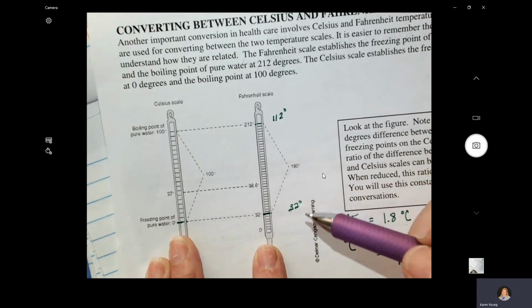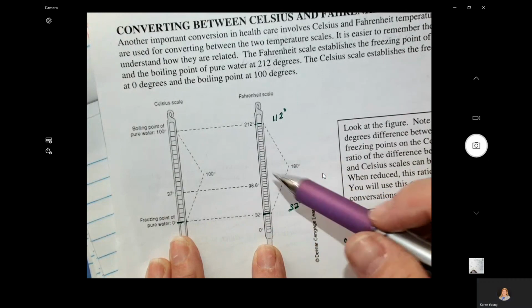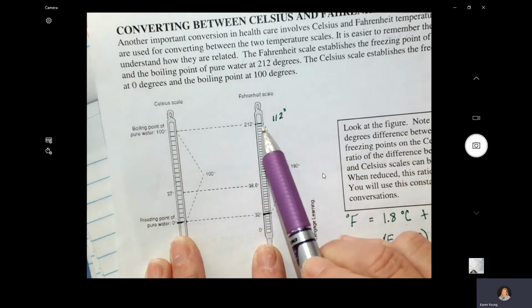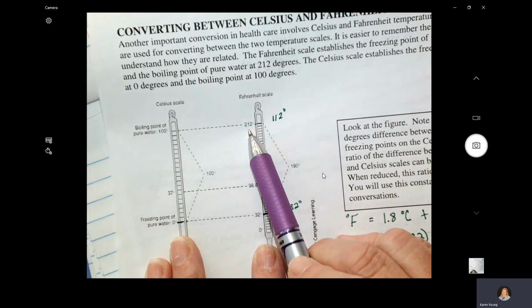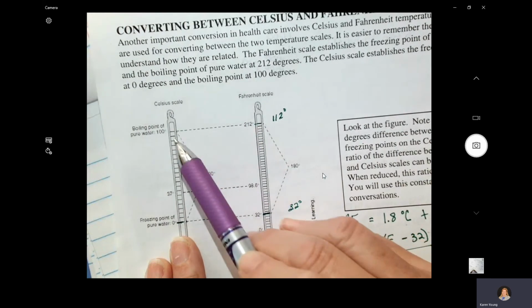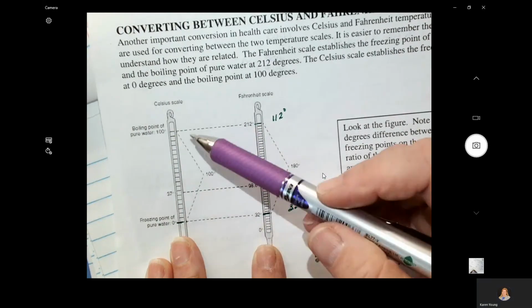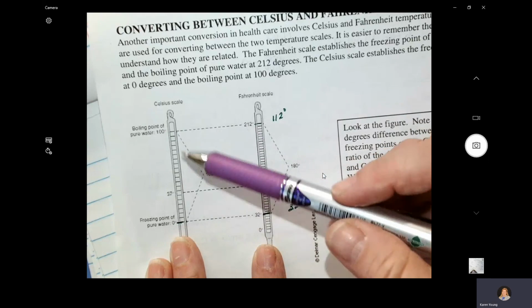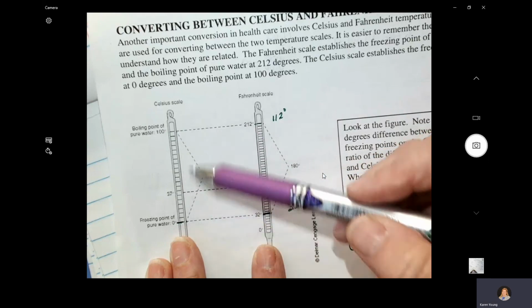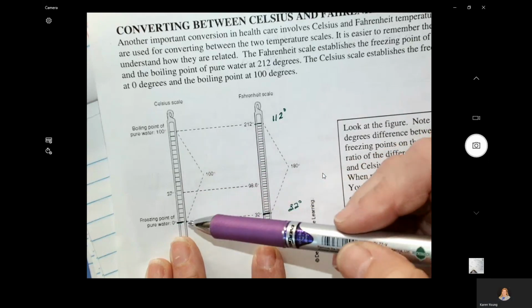In Celsius, 0 is freezing. In Fahrenheit, 212 degrees is boiling, but in Celsius it's 100 degrees. Celsius is a metric, but it's still based on tens, okay?